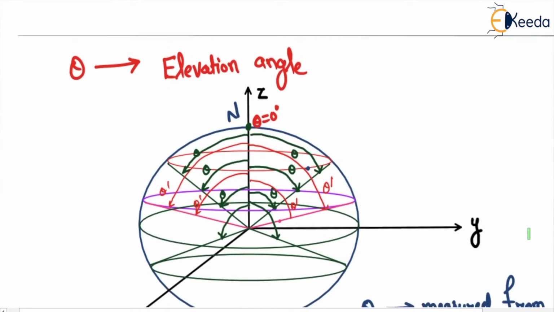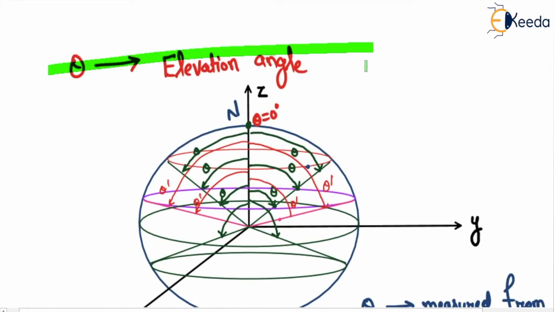Now we talk about theta. Theta is the elevation angle, and theta is measured from the z-axis. As we are observing here, theta equal to constant surface makes a cone. Theta equal to constant surface always makes a cone, as it is observed here.